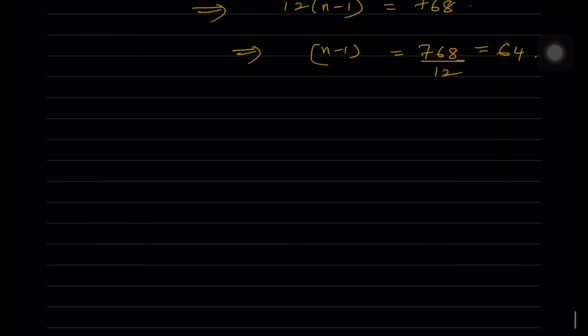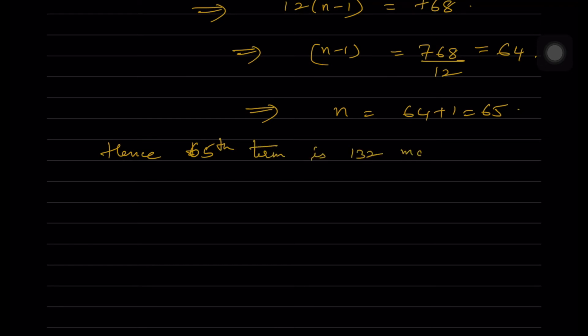So n minus 1 is equal to 64 means n is equal to 64 plus 1, which is equal to 65. Hence, the 65th term is 132 more than the 54th term.